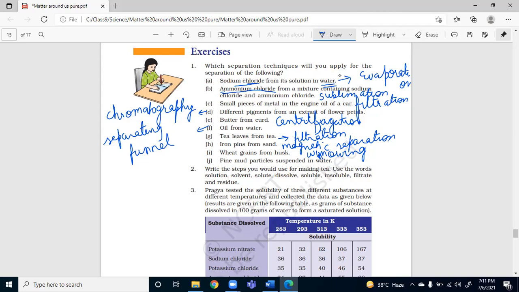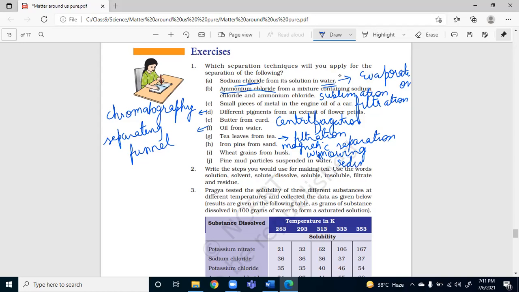Ma'am, the last one is filtration. I think sedimentation or decantation. Fine mud particles suspended in water. So sedimentation and decantation. You are correct, Dhanvi.